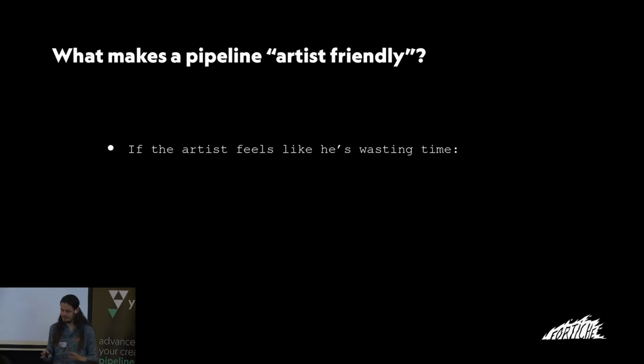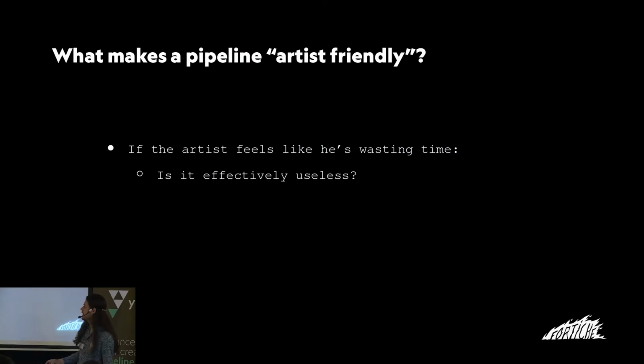The main thing is when this happens, this is because he doesn't understand exactly what he's doing. And the two possibilities are, first, maybe it's effectively useless. This happens, and it's not always easy to figure out when it's the case or not.